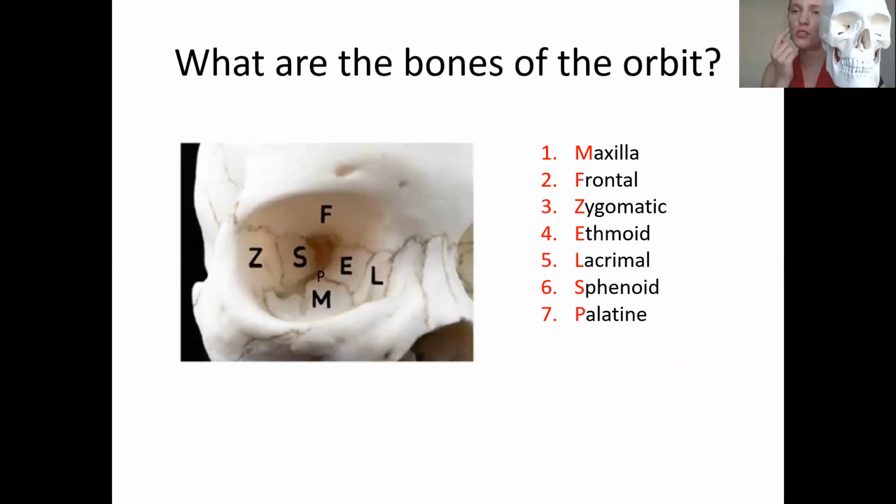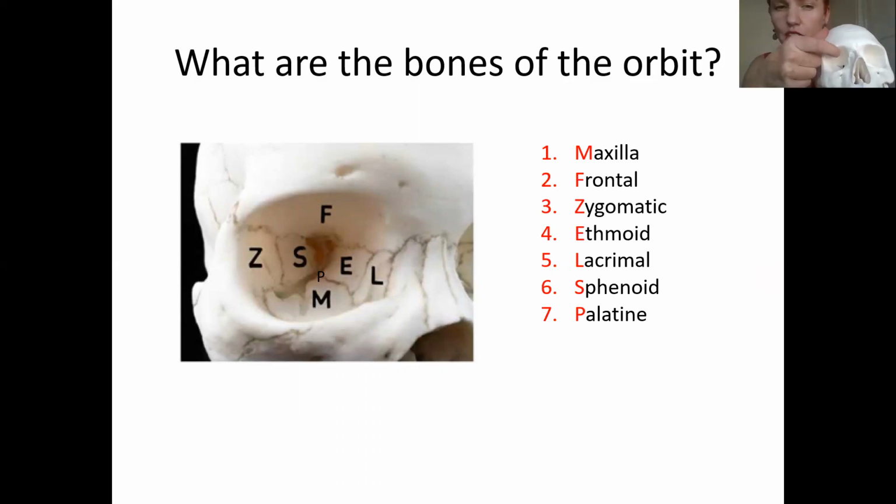This is the mandible. The maxilla has a process that comes up and makes up the medial inferior portion of the orbit. This little lip right here is made up from the maxilla.